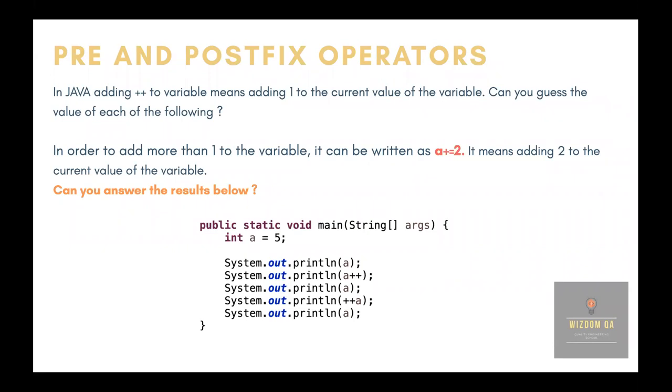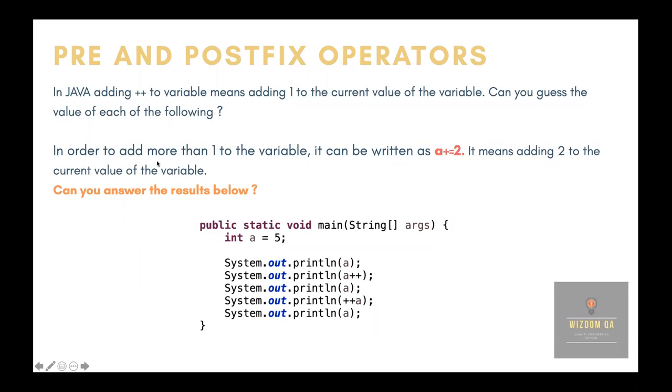In Java, when I add plus plus to a variable, it means that I'm adding 1 to the current value of the variable. Obviously, I'm talking about an integer type of variable, not a Boolean or a string. Look at this second line.